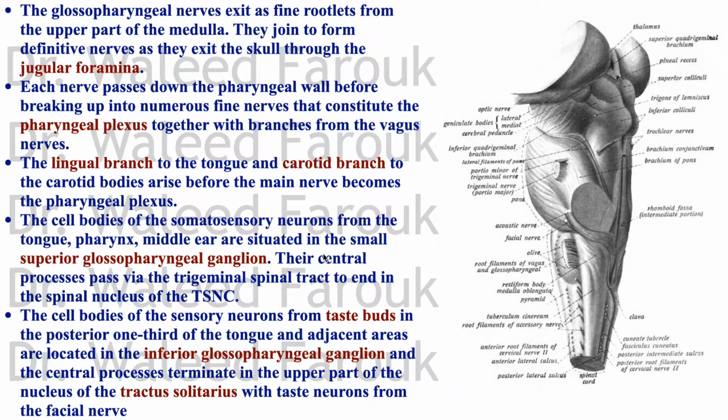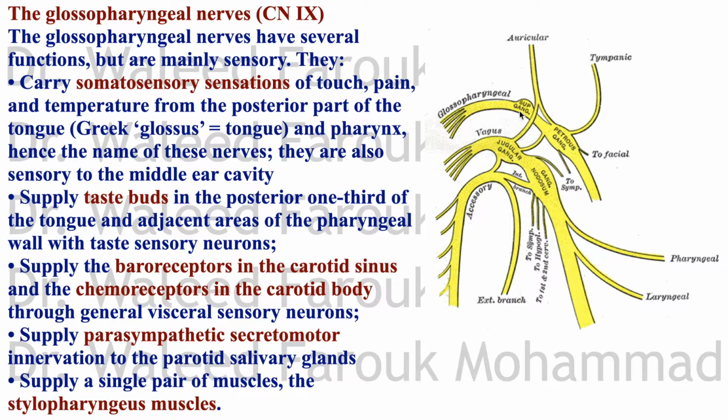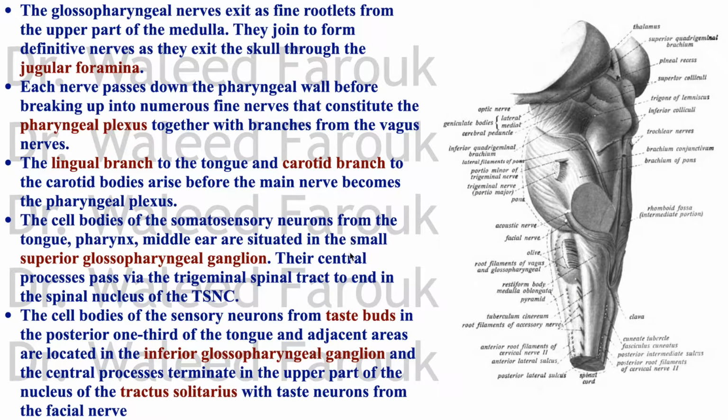The cell bodies of the somatosensory neurons from the tongue, pharynx, and middle ear are situated in the small superior glossopharyngeal ganglion. The glossopharyngeal nerve has superior and inferior ganglia. This is the superior ganglion of the glossopharyngeal nerve.